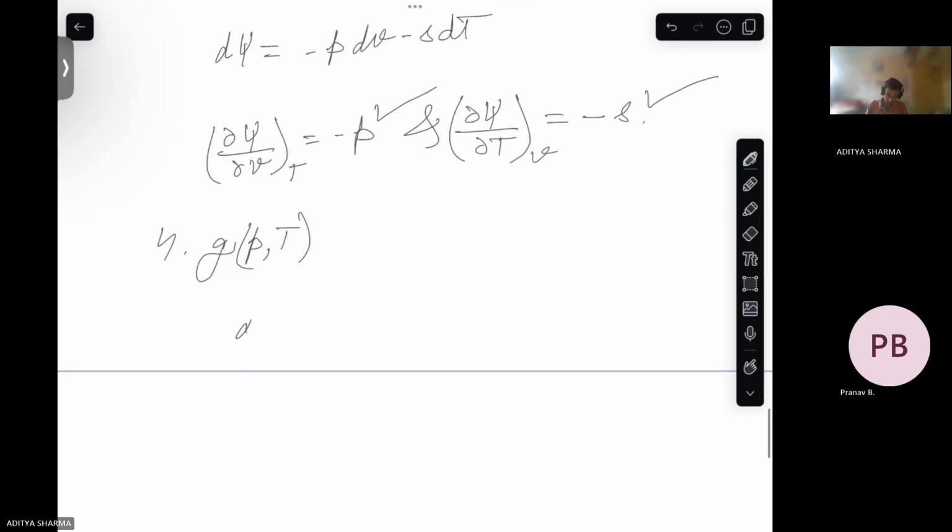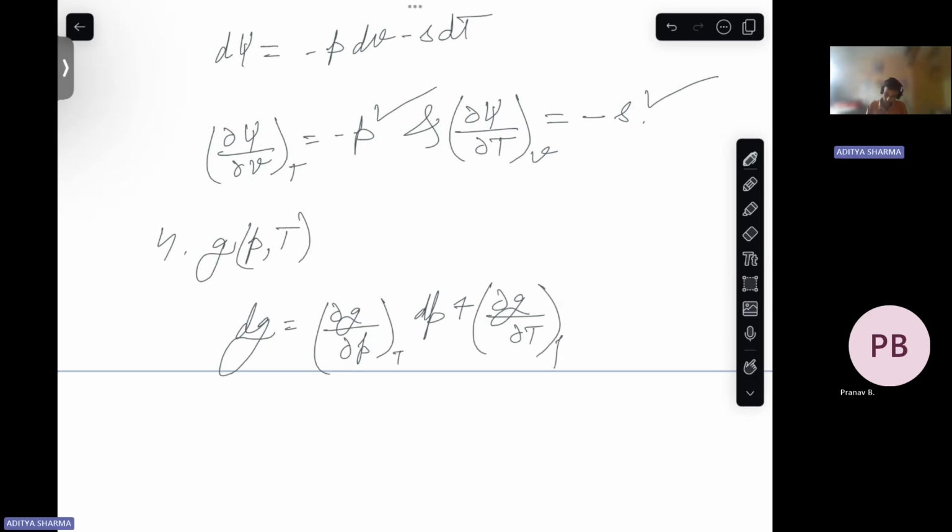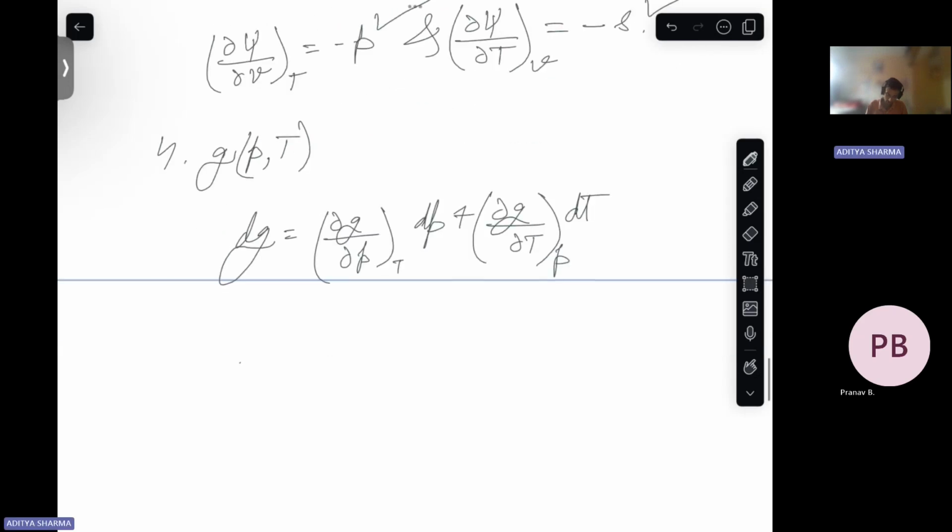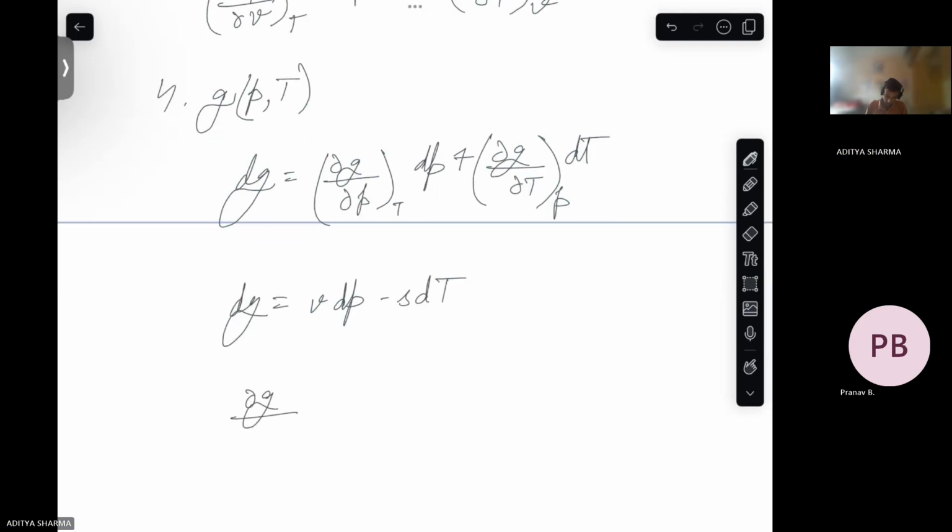In that case, its exact differential becomes, with constant pressure P, T. Now comparing it with the fourth Maxwell relation, this gives, and, minuses.